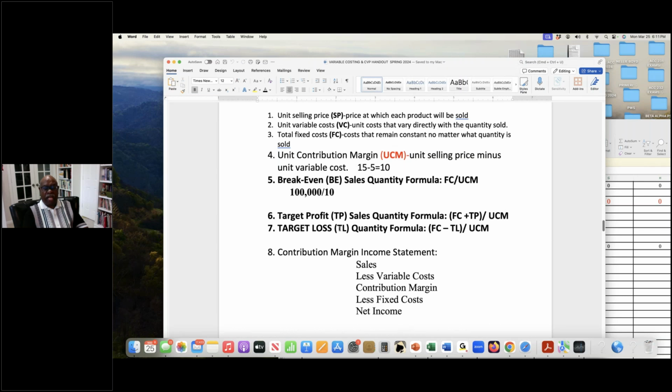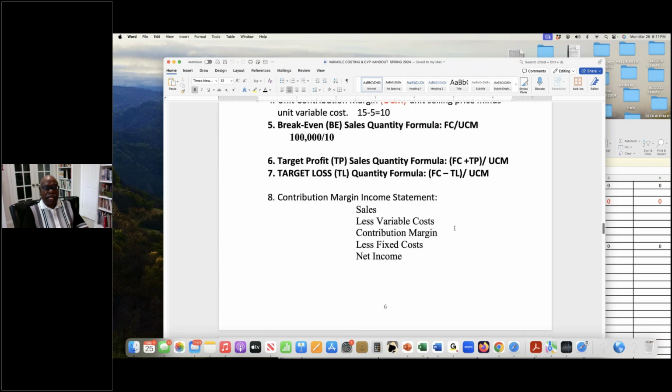If the target is a loss, it's the fixed cost minus the target loss divided by the unit contribution margin. So notice your denominator is the unit contribution margin each time, and then fixed costs in here each time. But in 6, we add the target profit to it. In 7, we subtract the target profit from the fixed cost.